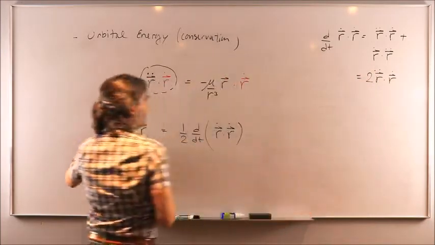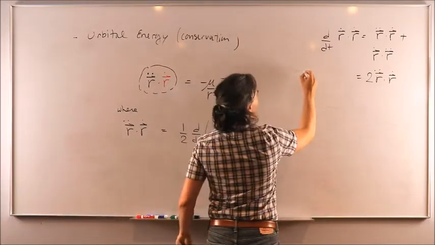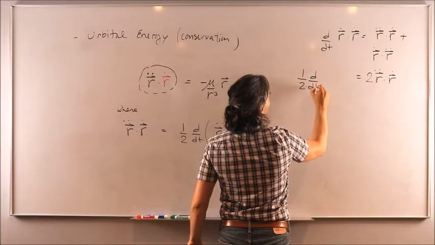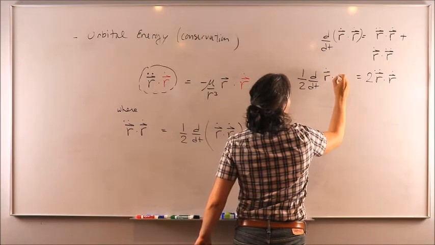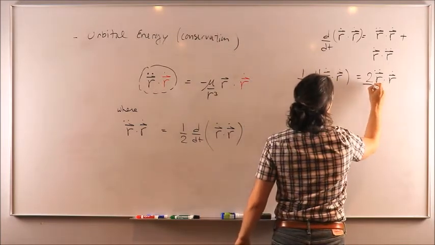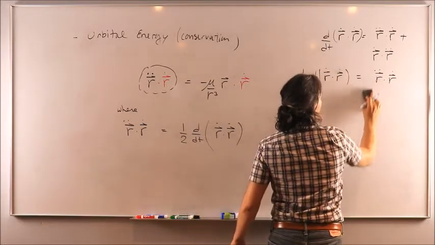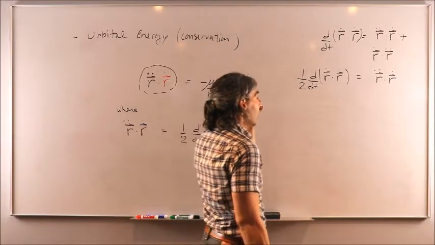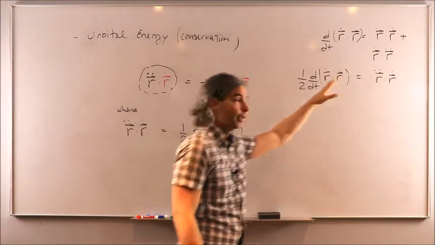But that's not what we had on the left-hand side because of the factor 2. So if you do 1/2 on both sides of that equation, we get 1/2 d/dt of r dot dot r dot equal to r double dot dot r dot.